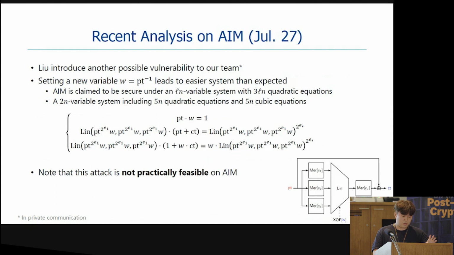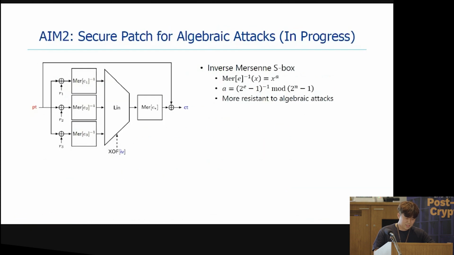It makes a 2n variable system, including 5n quadratic equations and 5n cubic equations. But we know that this attack is not practically feasible on AIM, but it may be a possible vulnerability.